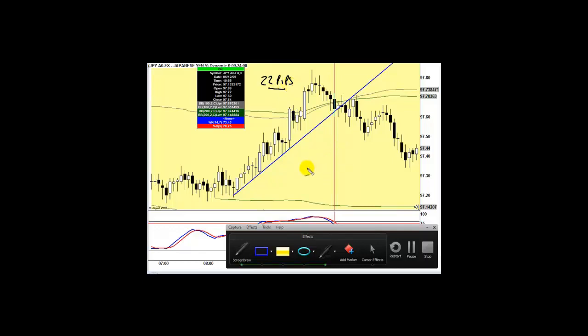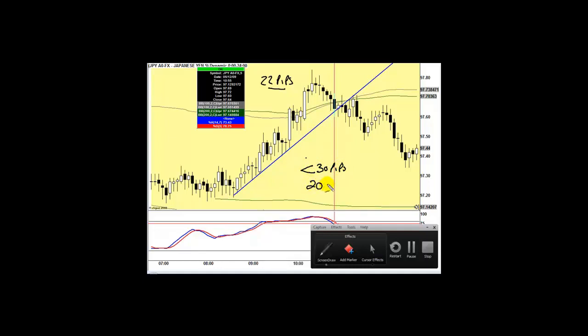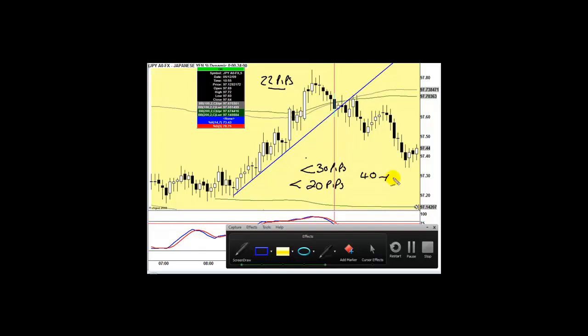Remember, our stop loss needs to be less than 30 pips, ideally. And if we can get that down to, say, 20 pips or less, then we're doing really well. Because remember, we're aiming for 40 to 60 pips on each trade, and we also want a 2-to-1 risk-reward ratio.